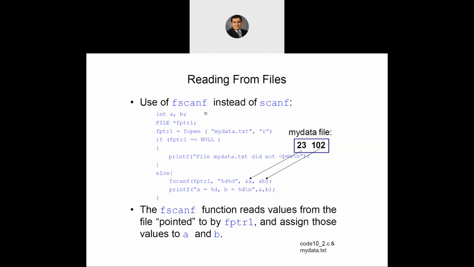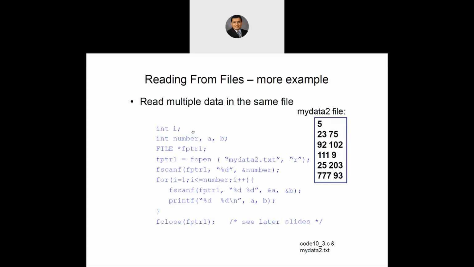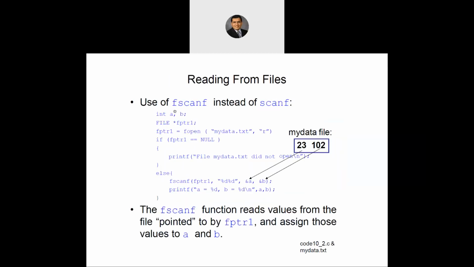Now look, I'm creating two variables, A and B, and then I'm creating a file pointer, fptr1, and I'm saying that this file pointer is associated with reading a file, mydata.txt. Here is the mydata.txt file consisting of two numbers, 23 and 102.